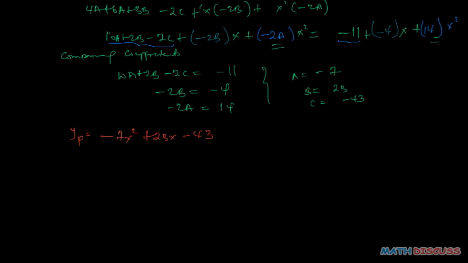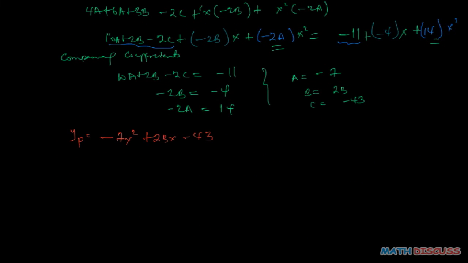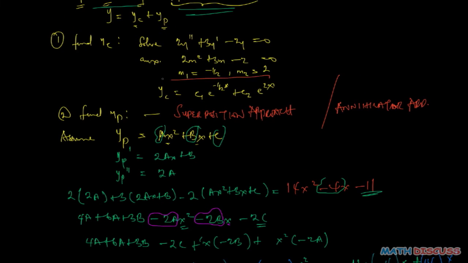So we now have our yc, that's the complementary function. So we have our yc to be this, and we already have our yp to be this, and we know that the general solution should be the sum of the complementary and the particular solution.